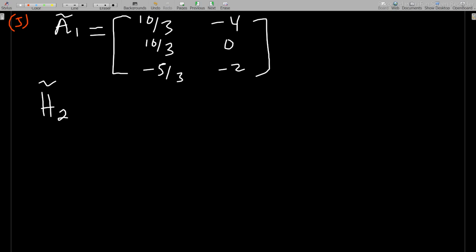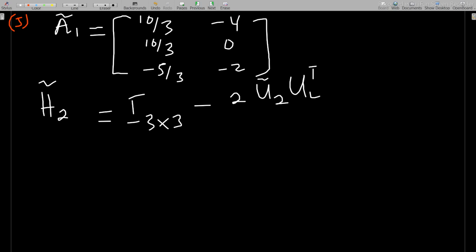So we have to use tilde for the H2, and that will be equal to I 3x3, because this is a 3x2 matrix, minus 2u2 tilde u2 tilde transpose over u2 tilde transpose u2 tilde. We are calling them tilde because they are not the original u2s from our A that we know. But when we reduce it like this, it will become easier for us.